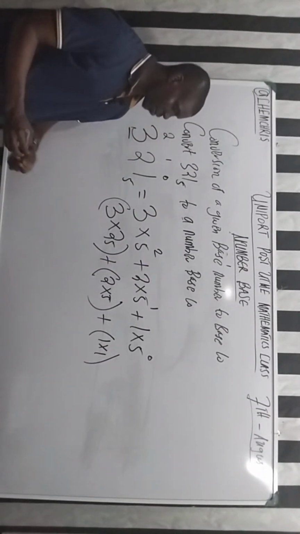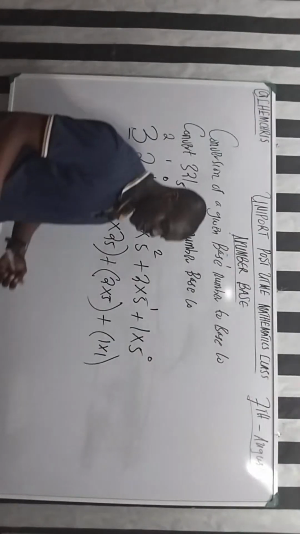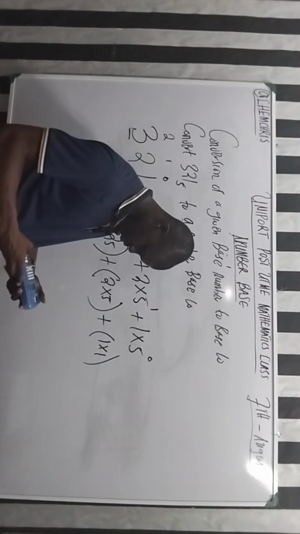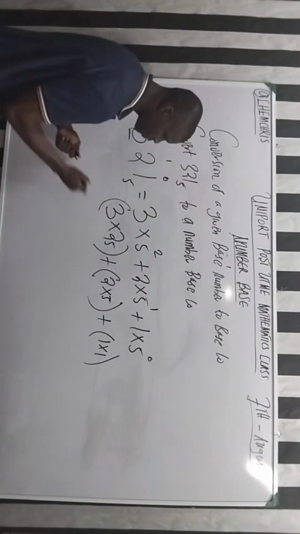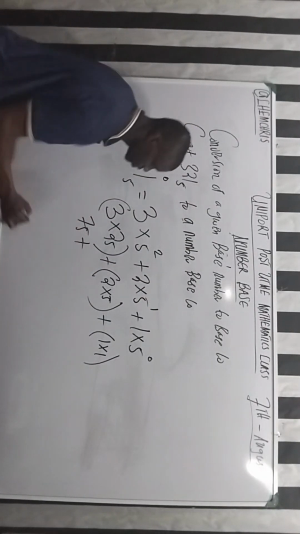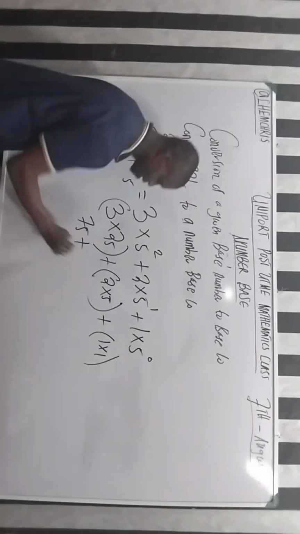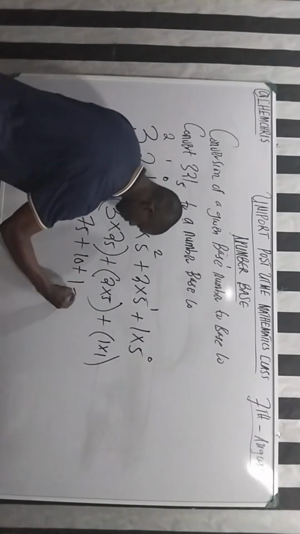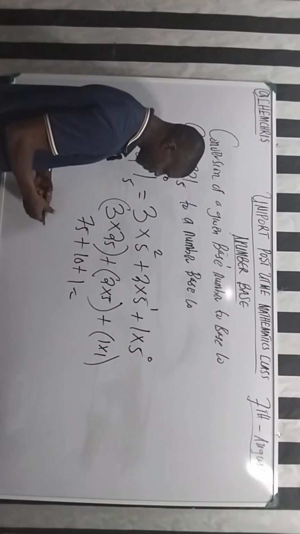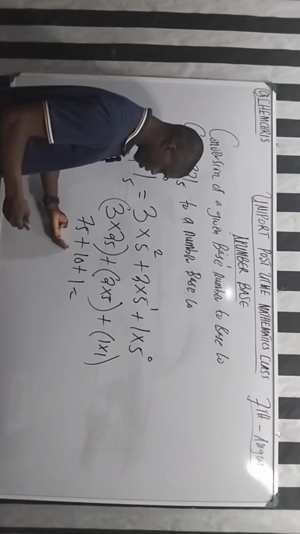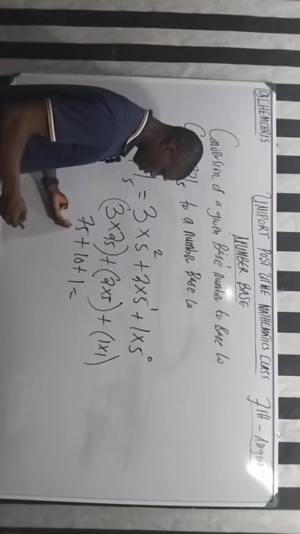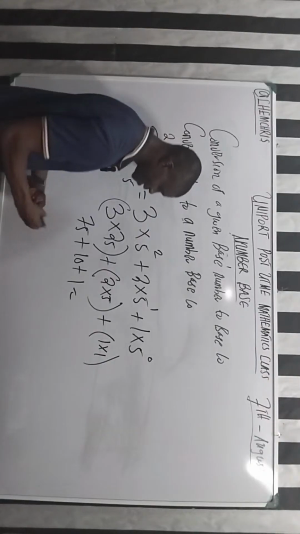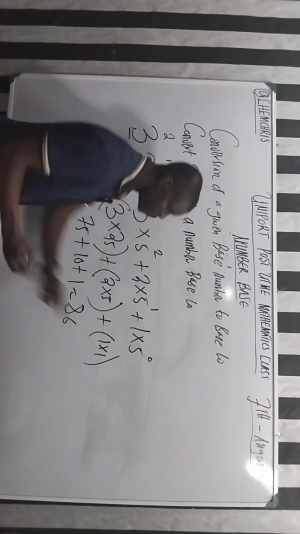So if you look at it very well, 3 times 25 is 75. So you have 75 plus 2 times 5, which is 10, plus 1 times 1, which is 1. If you add everything together, you have 75 plus 10 is 85, plus 1 is 86 base 10.